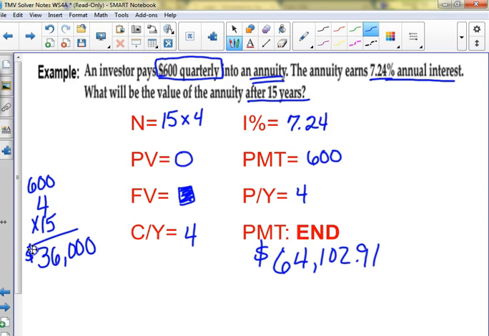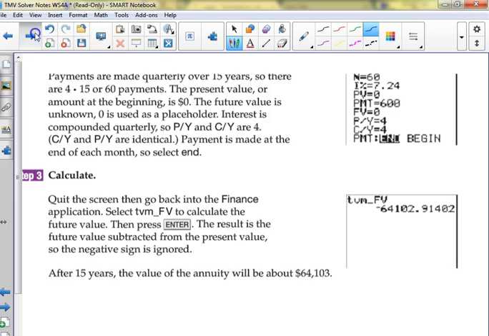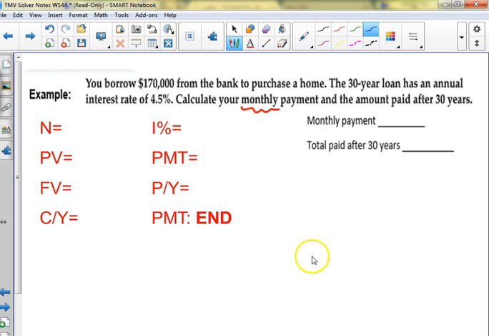So out of our pocket came $36,000. The rest of that is interest. Okay? Do you understand? Yes, it's a higher interest rate than you'll probably get today at a secured rate. You could get an interest rate like that possibly if you invested in something risky.